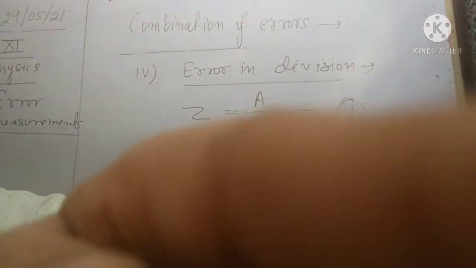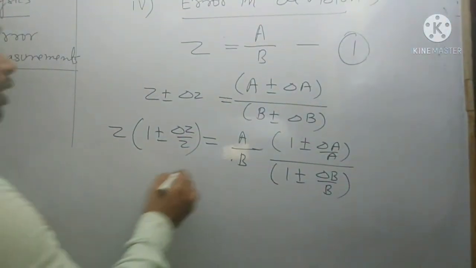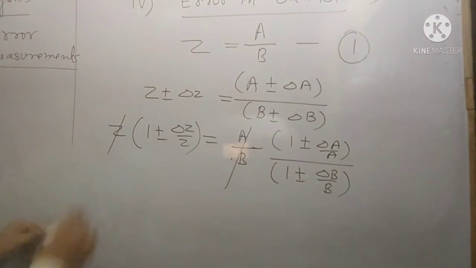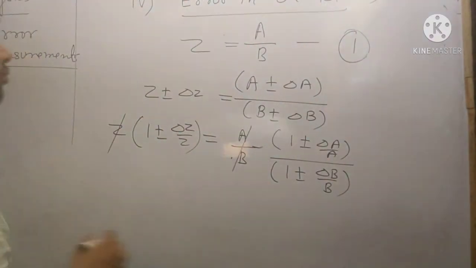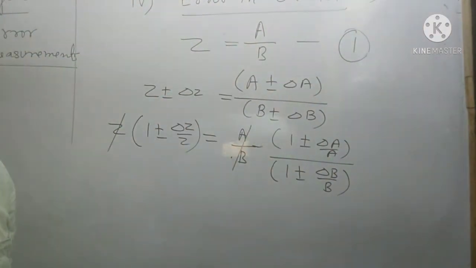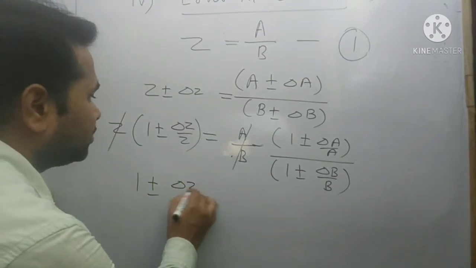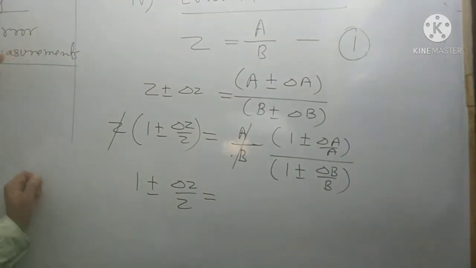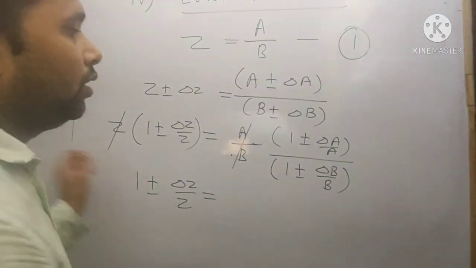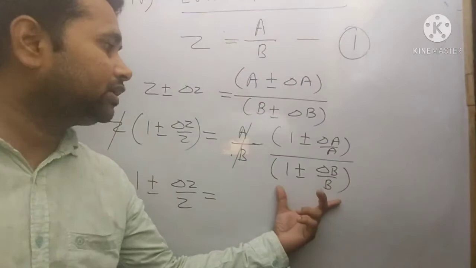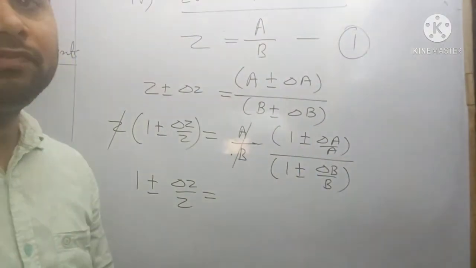Okay, now see again a by b and z cancel out each other because of equation number 1. And now see 1 plus minus delta z by z equals to, you can send this denominator in numerator. कैसे?